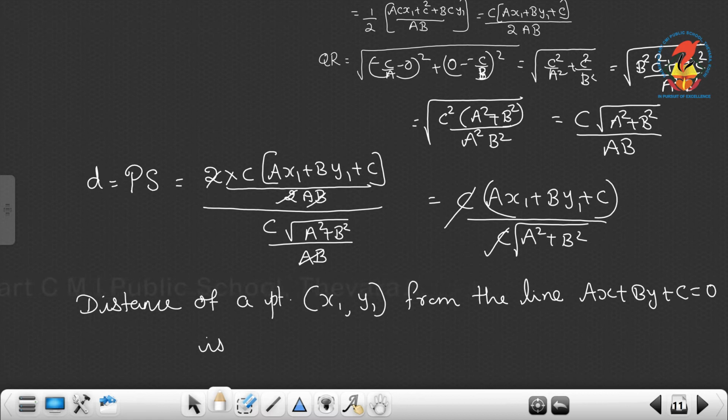So how to find this distance? This is the equation of the line. Instead of x and y, just substitute x1, y1. Look here: ax1 plus by1, c is as itself.